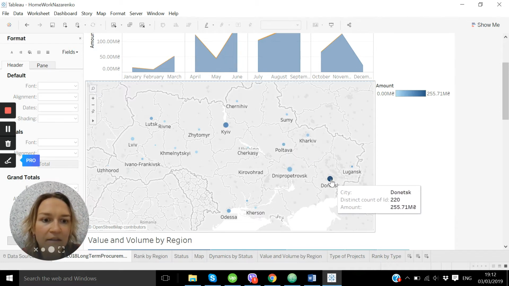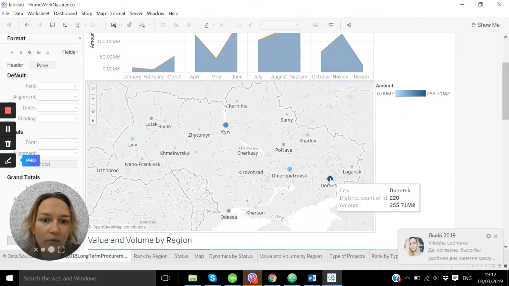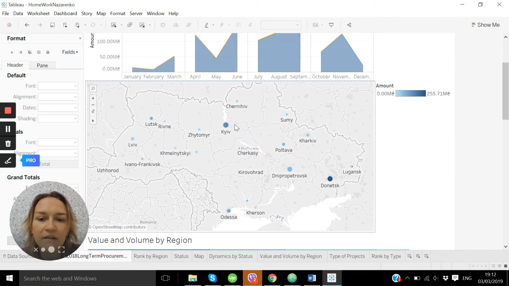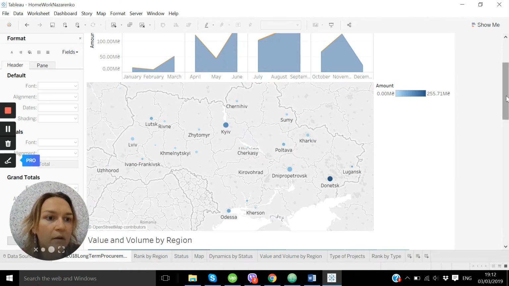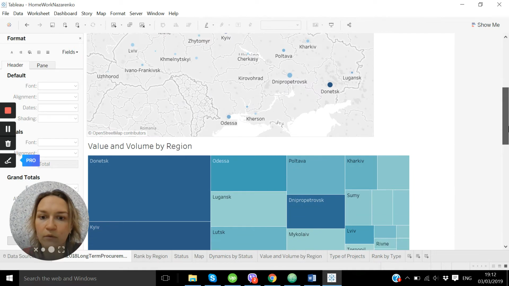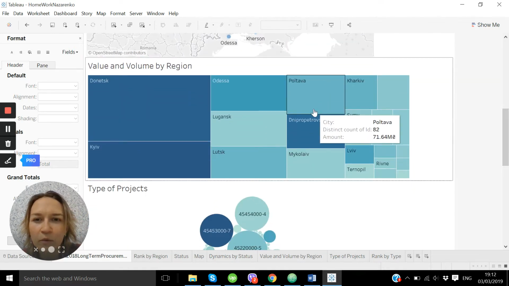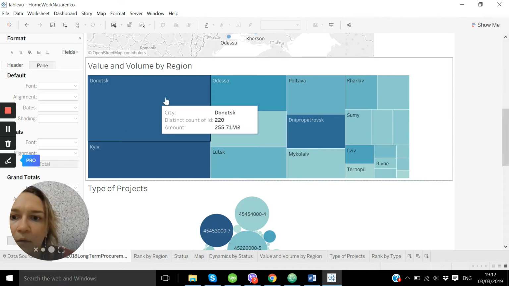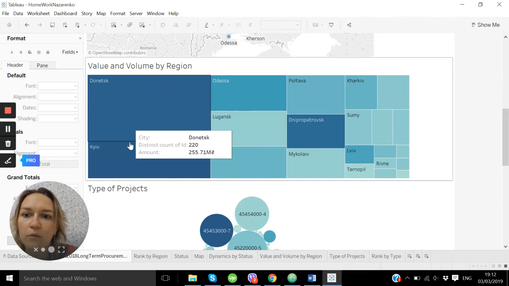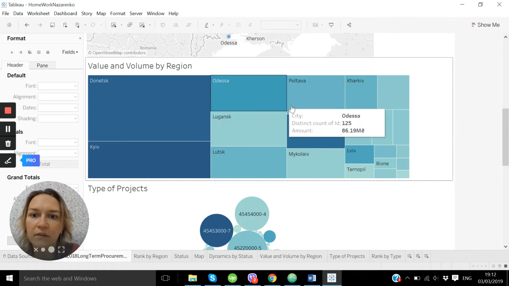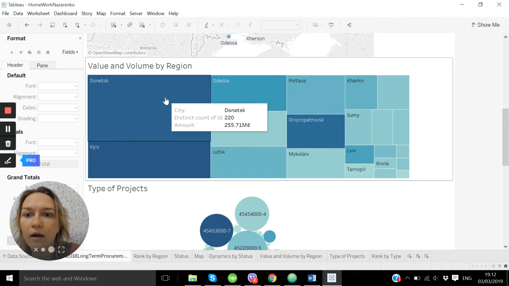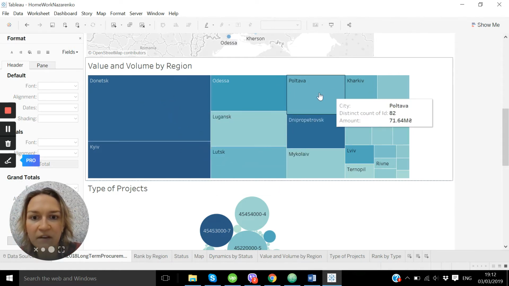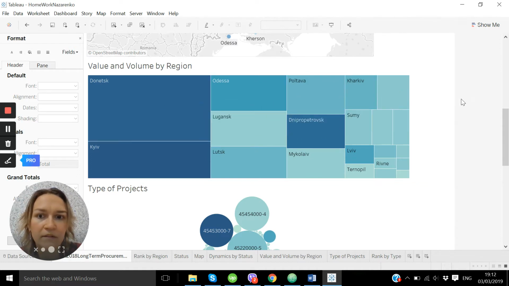Color here is the amount of spent money, and the size of the circle is the quantity of the tenders published on the platform. We can look at a similar picture on this chart, where in terms of quantity, Donetsk is the biggest region for this kind of investment, and it's quite obvious due to the situation in the country.